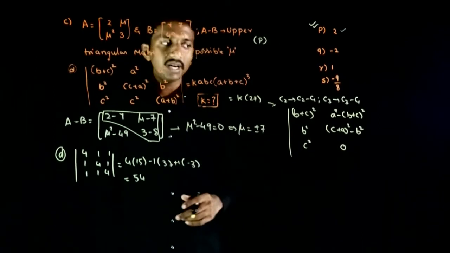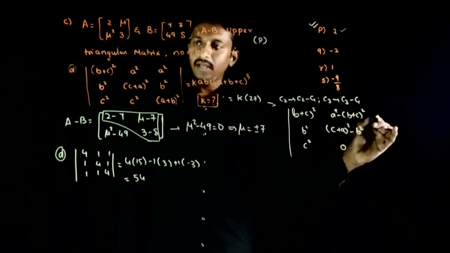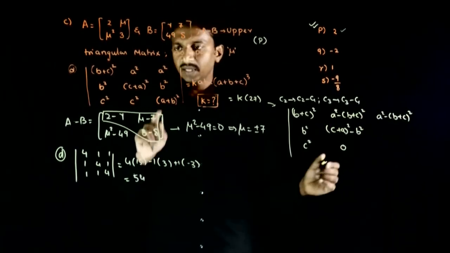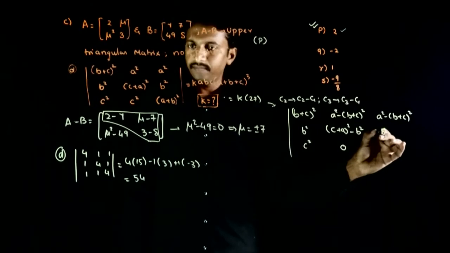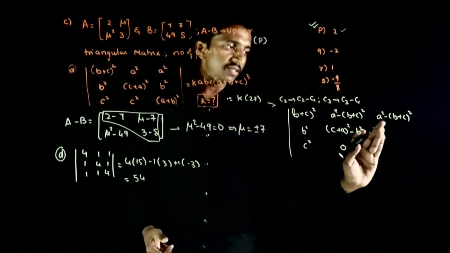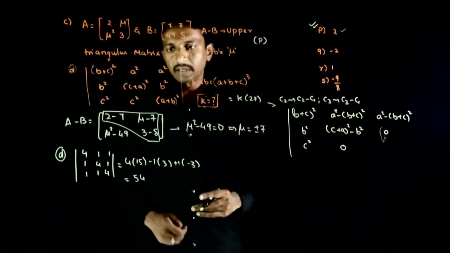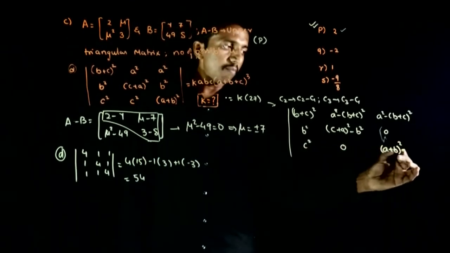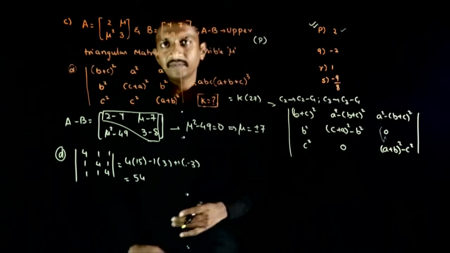And what happens to the third column? Third column में again a square minus (b plus c) whole square, b square minus b square is 0 here, and here you get (a plus b) whole square minus c square.